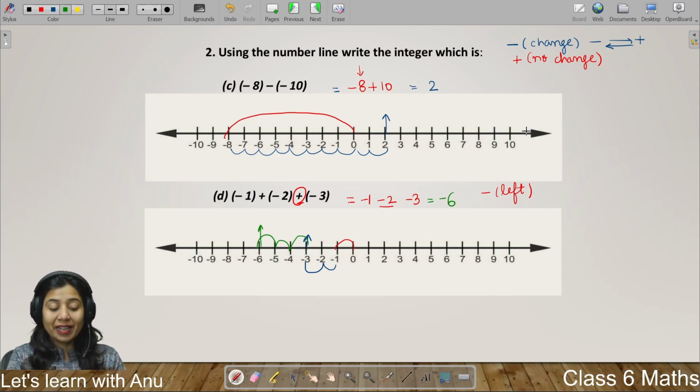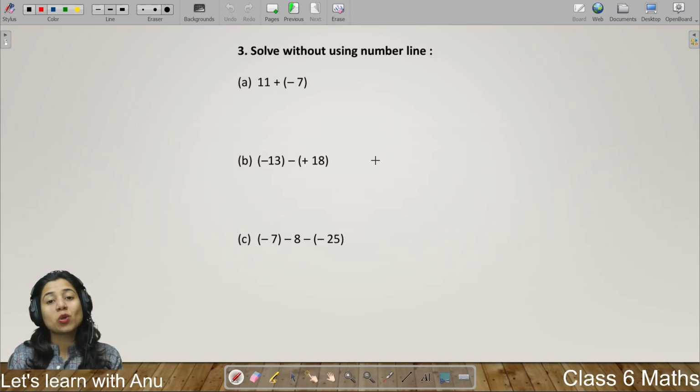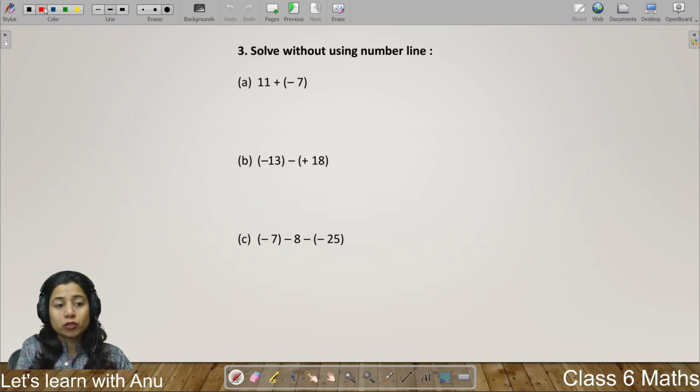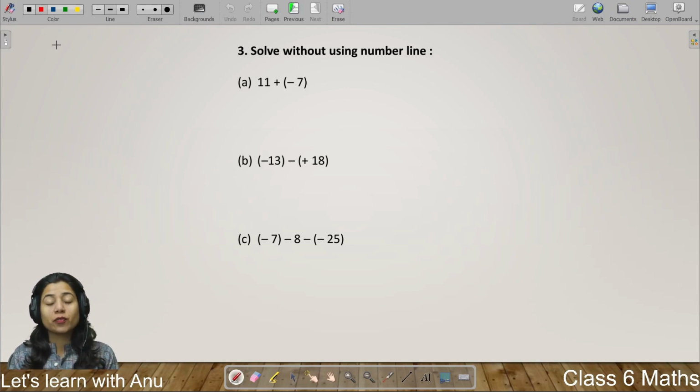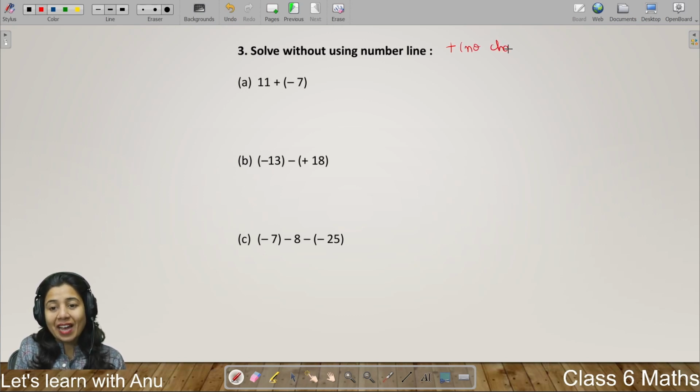Now moving ahead. Question number 3, solve without using number line. So these questions of addition and subtraction, we are going to use the rules that I have explained earlier. So when we have positive sign outside the bracket, then the inner sign will not change. And if we have negative sign outside the bracket, then the inner sign will change, right?